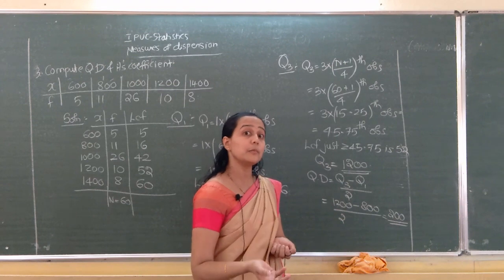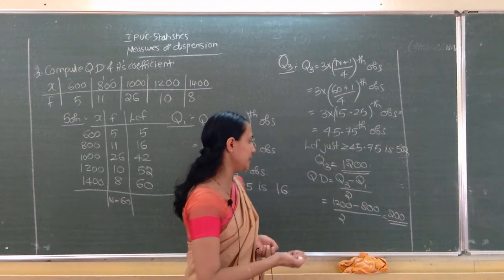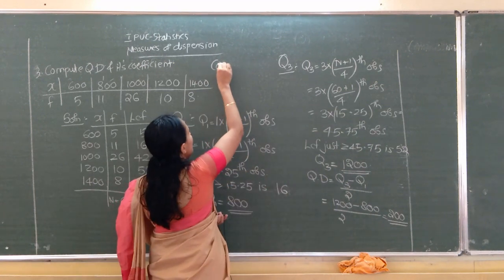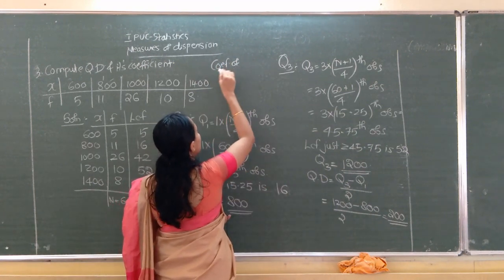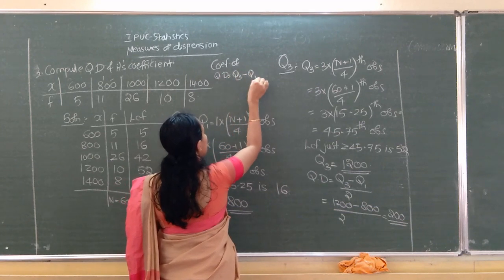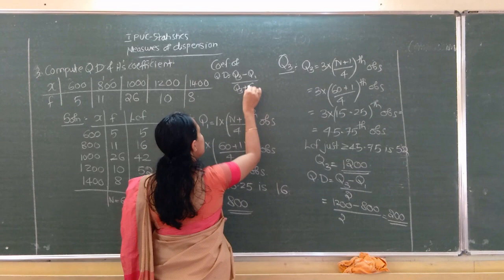Yes. Next, one more, coefficient of QD. Coefficient of QD is Q3 minus Q1 divided by Q3 plus Q1.